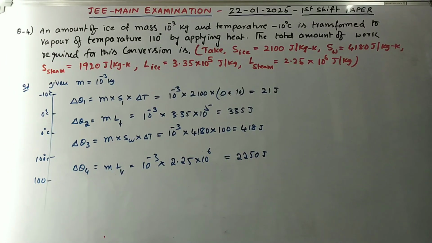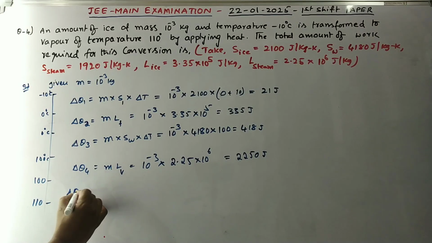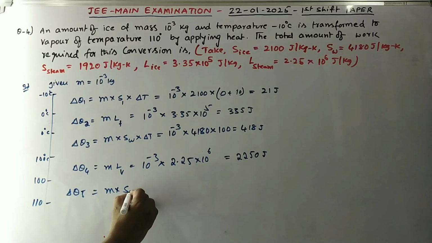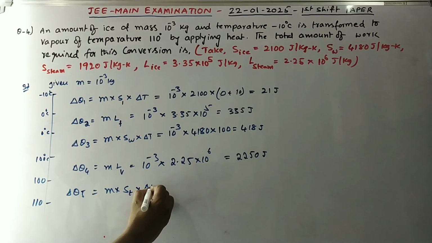Later, water at 100 degrees Celsius is converted into steam at 110 degrees Celsius. The amount of heat required, delta Q5, is equal to m into specific heat of steam into rise in temperature.